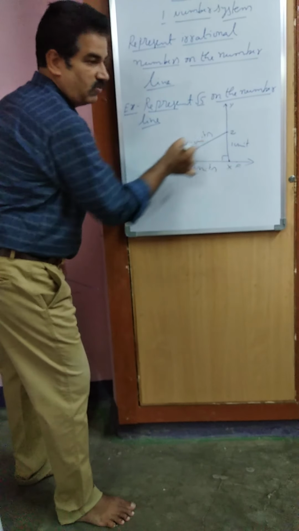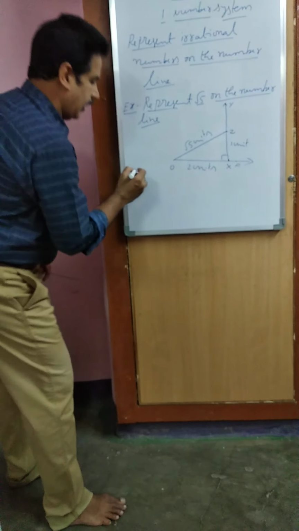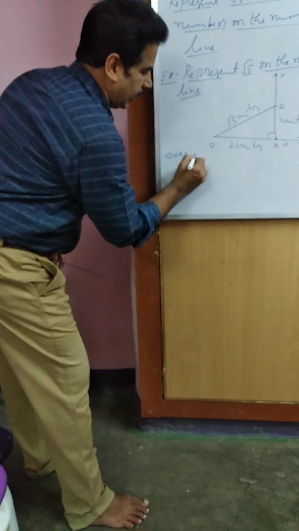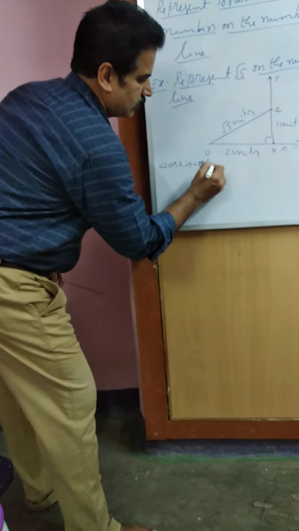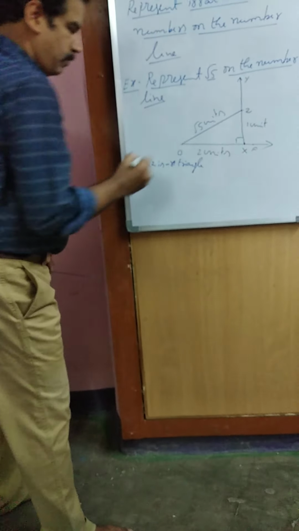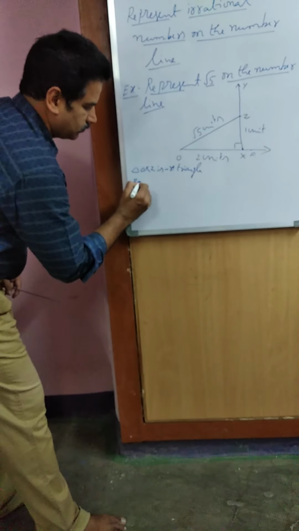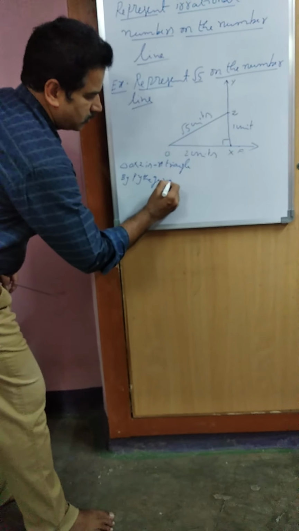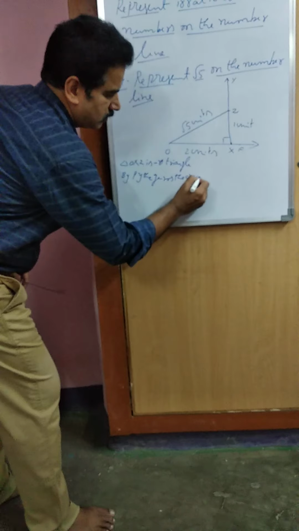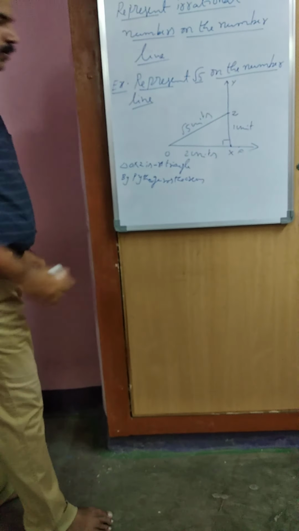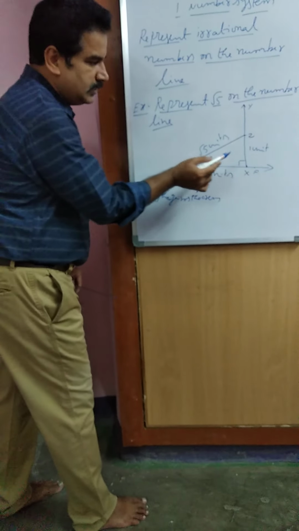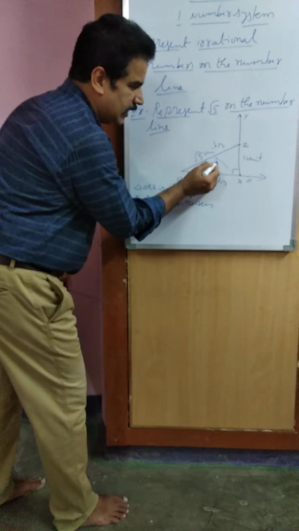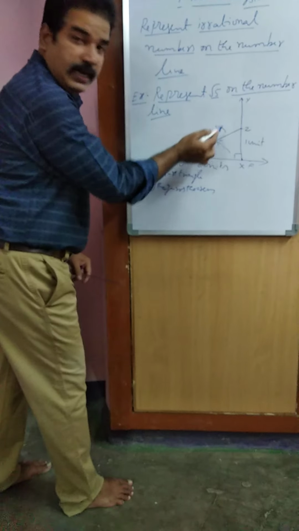How we got this root 5, OZ equal root 5: triangle OXZ is a right triangle, by Pythagoras theorem. The side opposite the right angle is the hypotenuse.